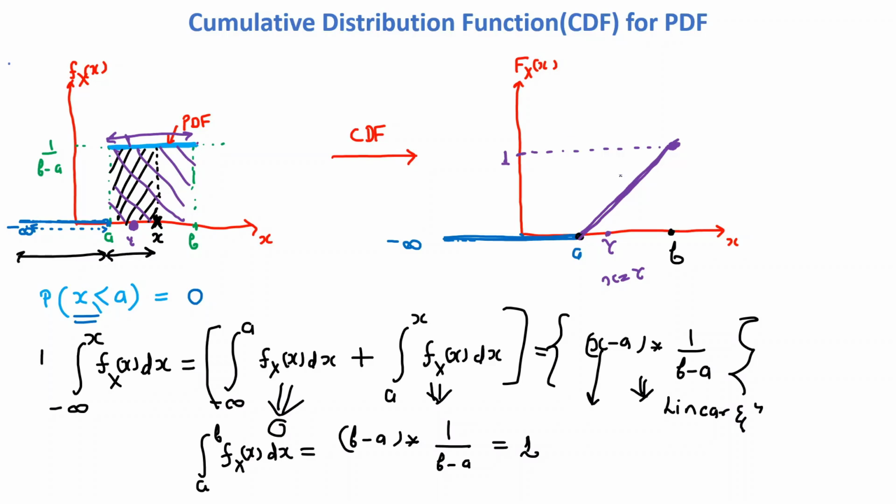We can calculate it using this cumulative line. If this value corresponds to 0.4, then the area would be equal to 0.4. It means 40% area.